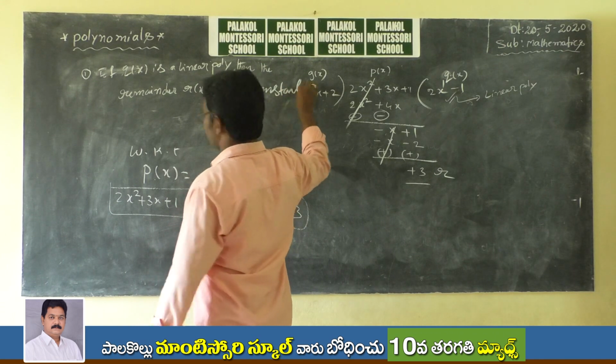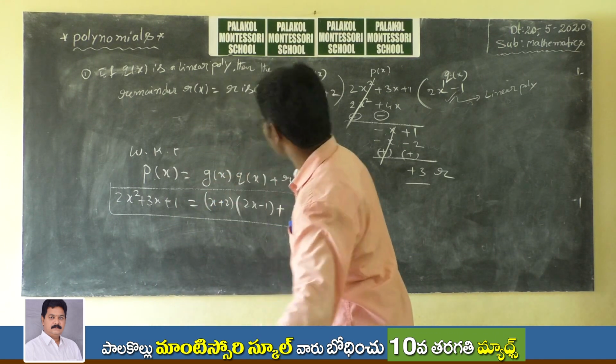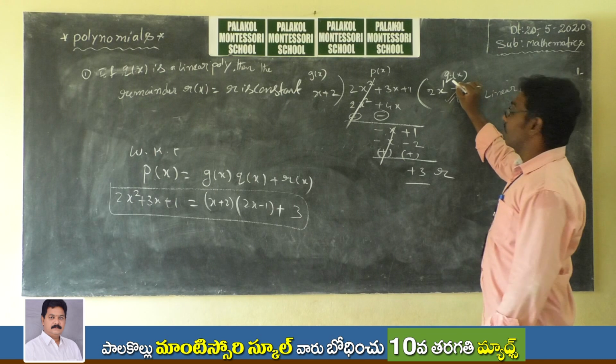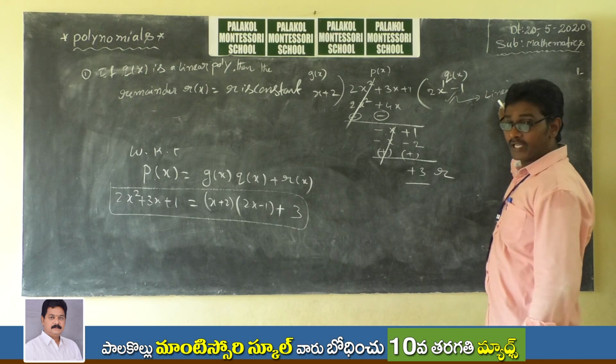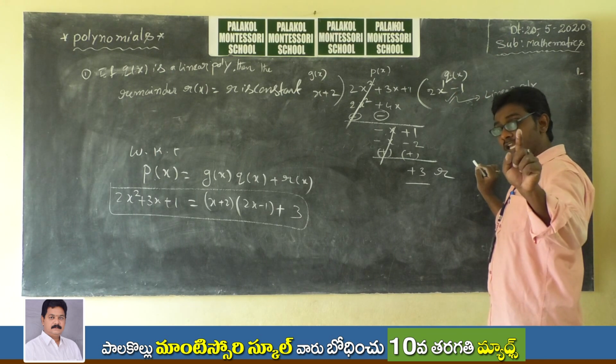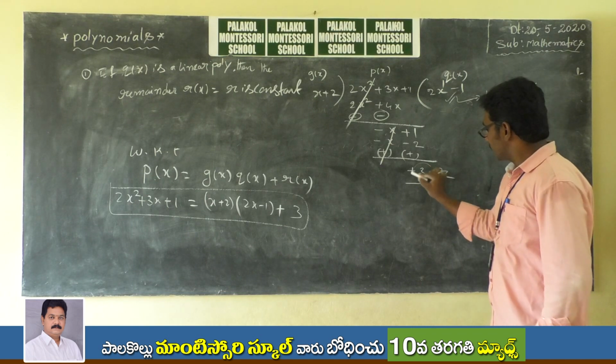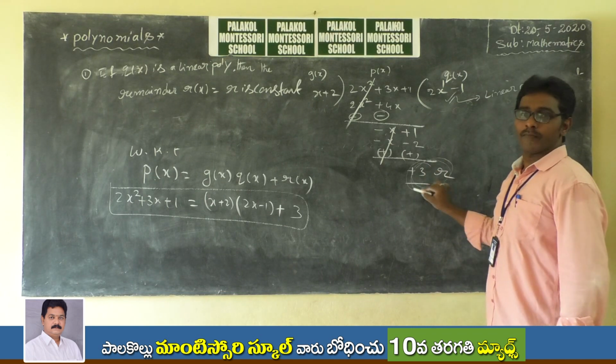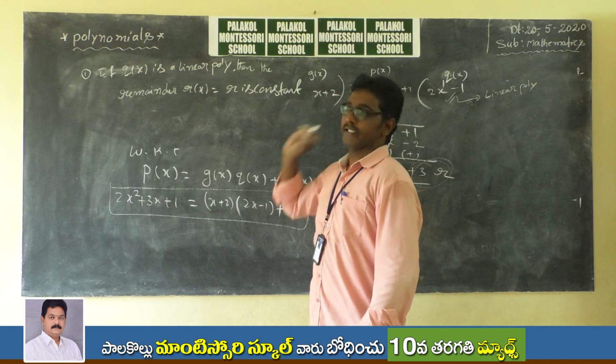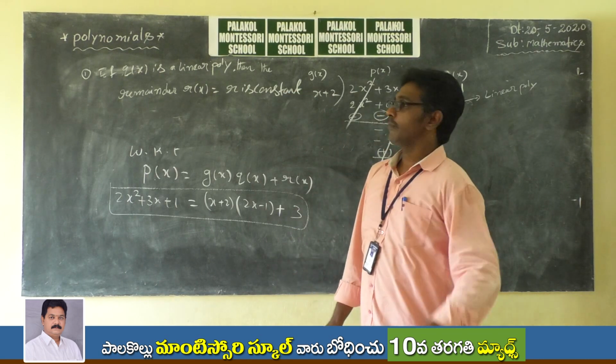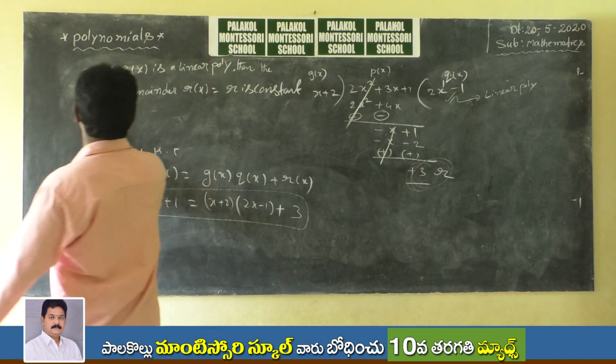R is constant. Check it, guys. Please see here: q of x is a linear polynomial. When it is in the form of a linear polynomial, the remainder is a constant. That is one of the observations in this discussion.